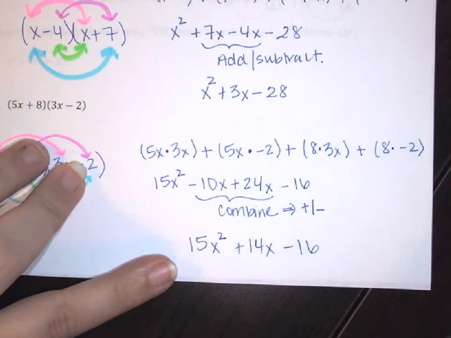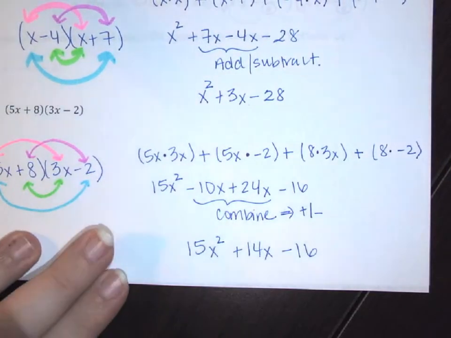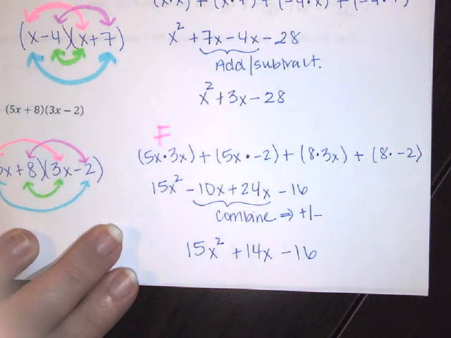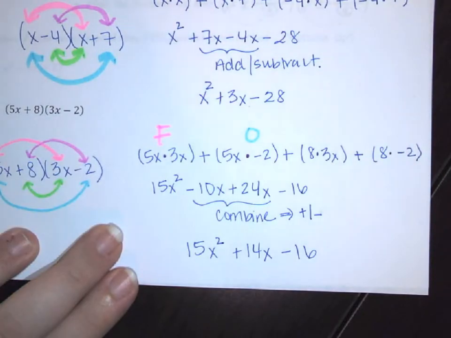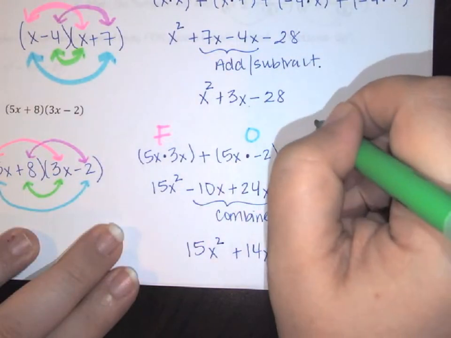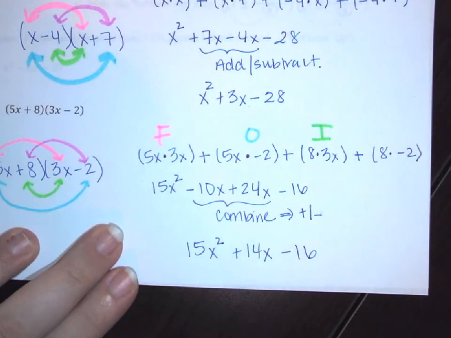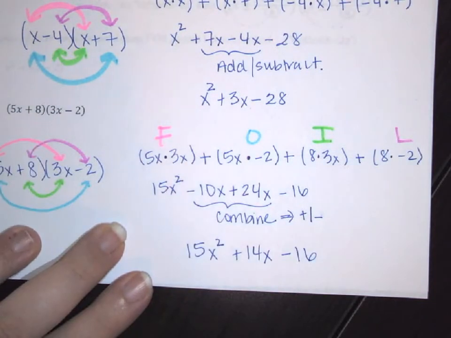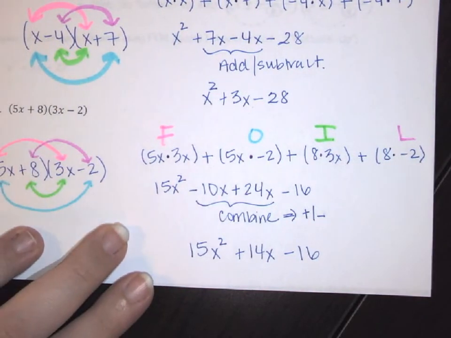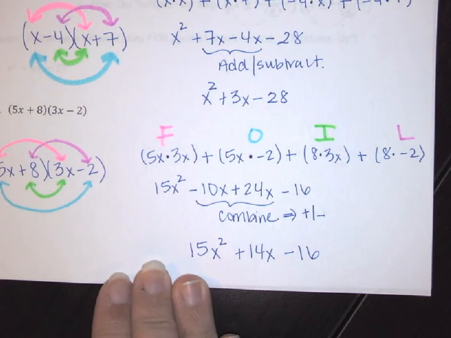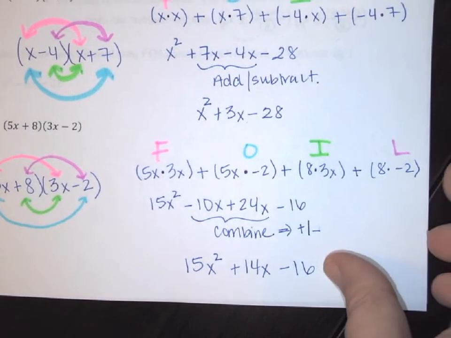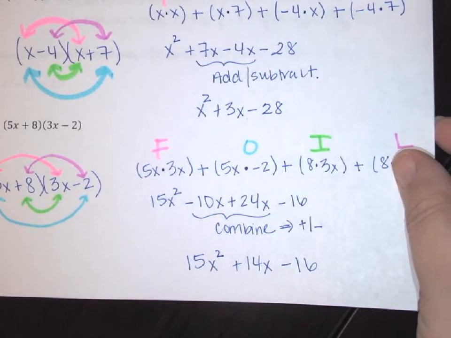And again, if you look really closely, we have F, O, I, L, FOIL. Okay? So that is your examples for multiplying your binomials together, which come in handy depending on the problems you've been given.